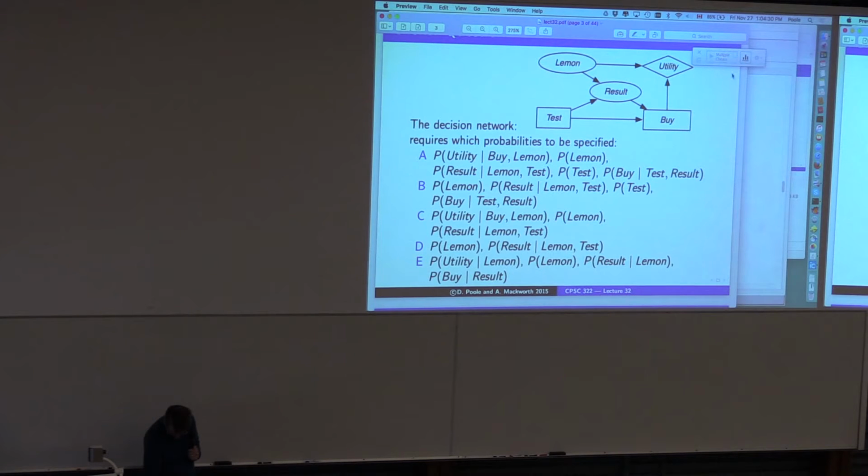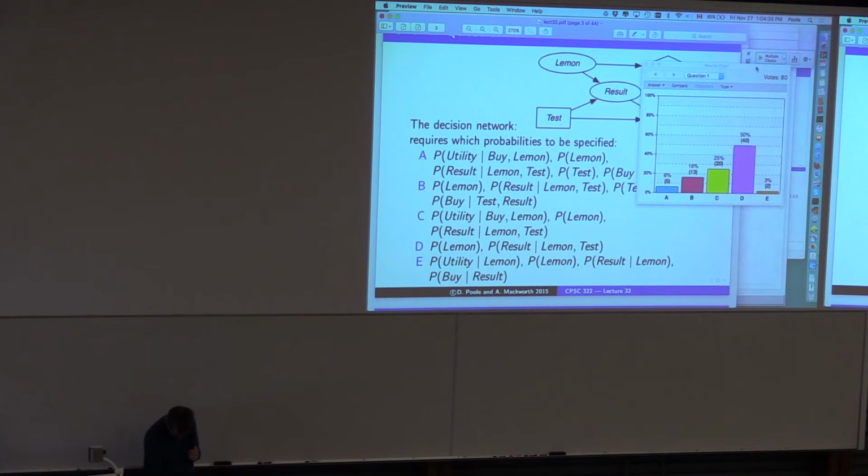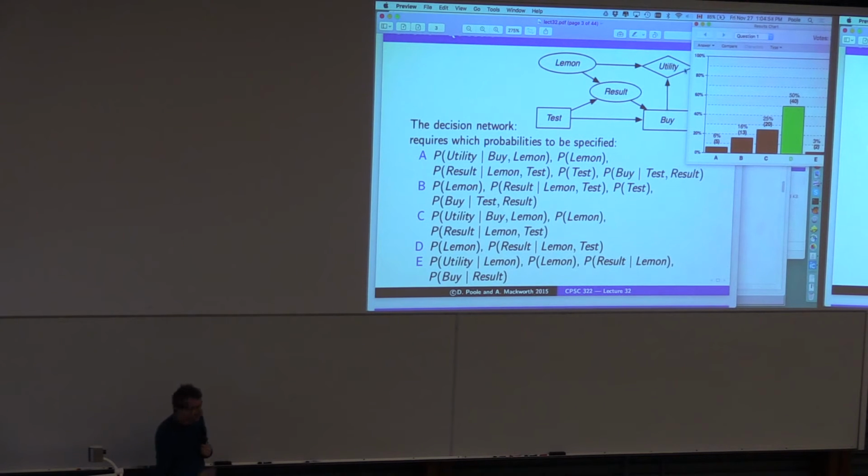We'll stop. The answer is D. Only half of you got that. There is no probability of the utility. There's a utility function on this. There's only probabilities of random nodes given their parents.